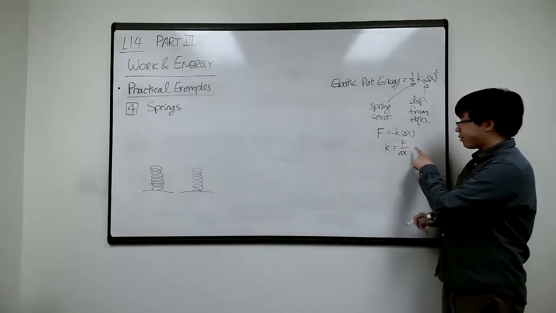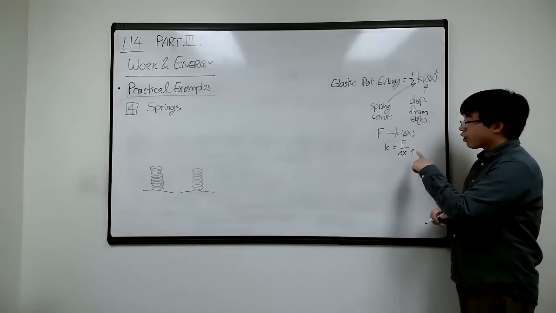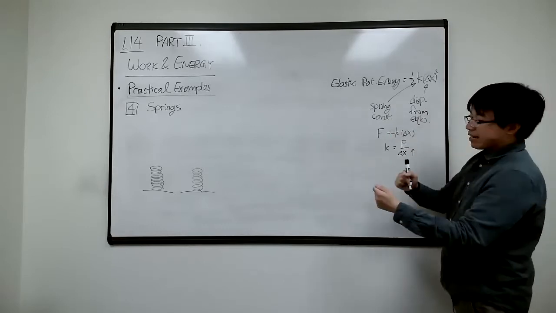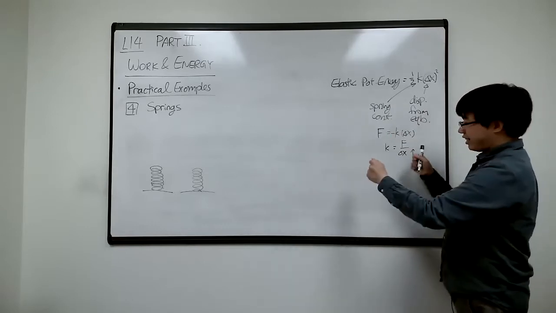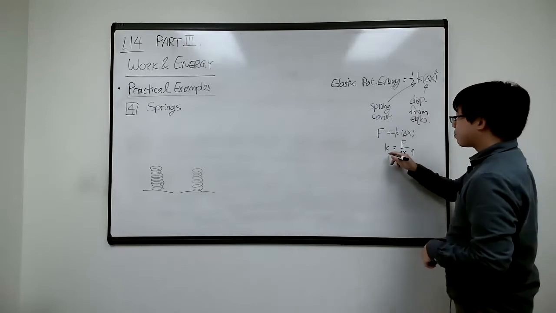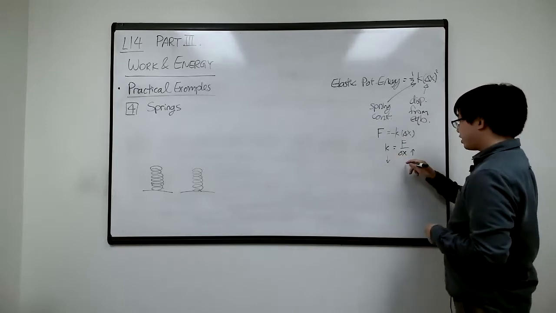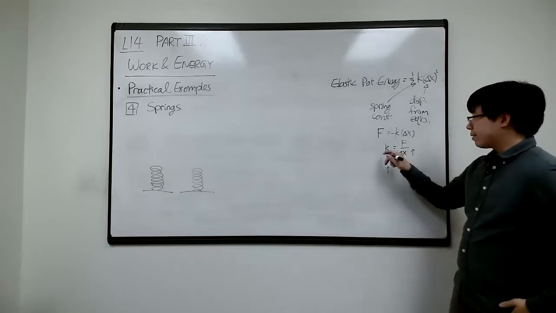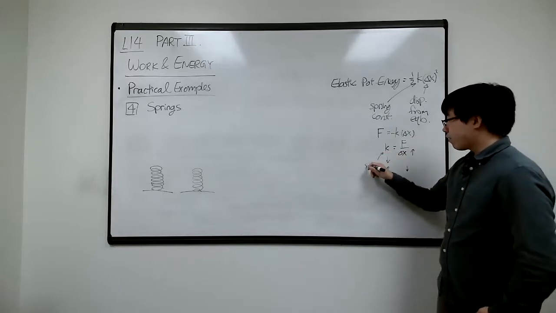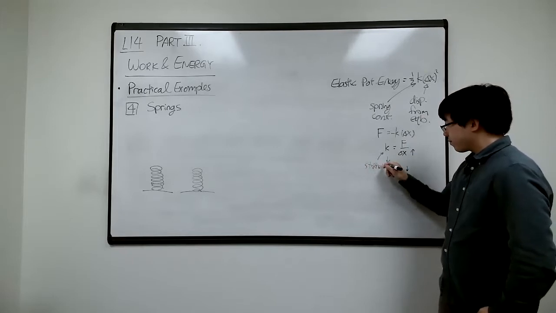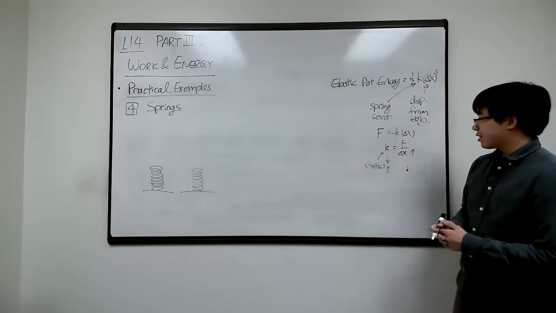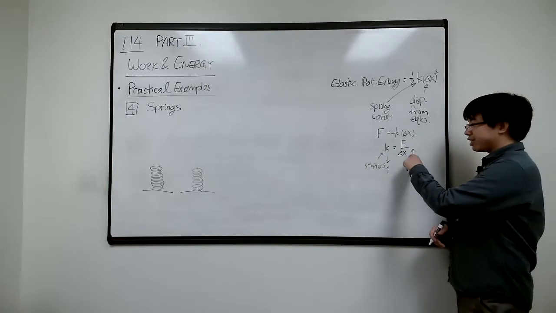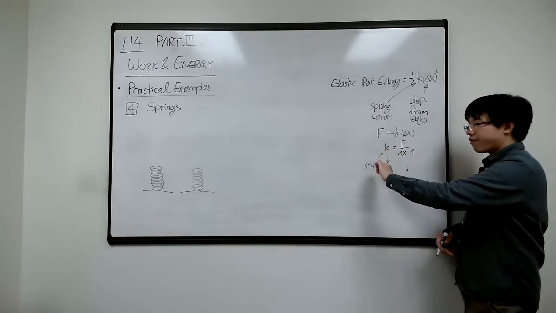So if you apply some force to a spring and it changes a lot, that means it has a small spring constant. If it changes only a little bit, it has a large spring constant. So in some sense, the spring constant is a measure of the stiffness of the spring. If it changes a lot, that means it's not very stiff.